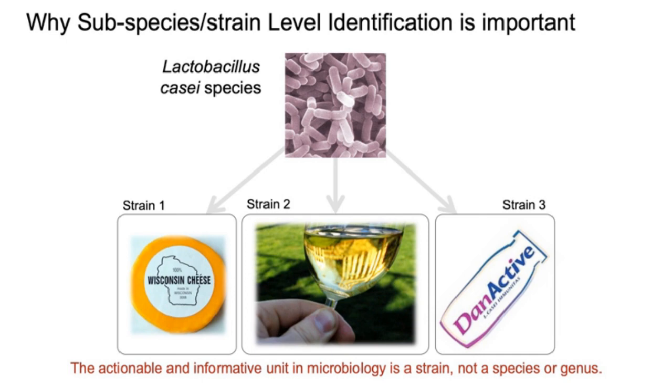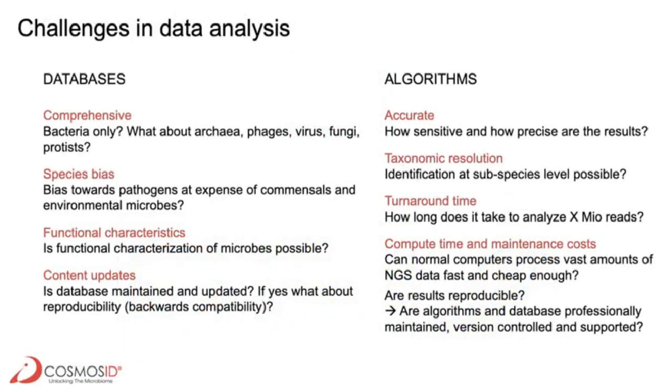A third strain is used as an immunostimulant, like the probiotics in Danactive. So 3 distinct strains of a single species conferred 3 very different biological consequences, indicating that strain identification is very critical for microbiome studies. Now let's discuss the challenges we are facing today in the data analysis part.